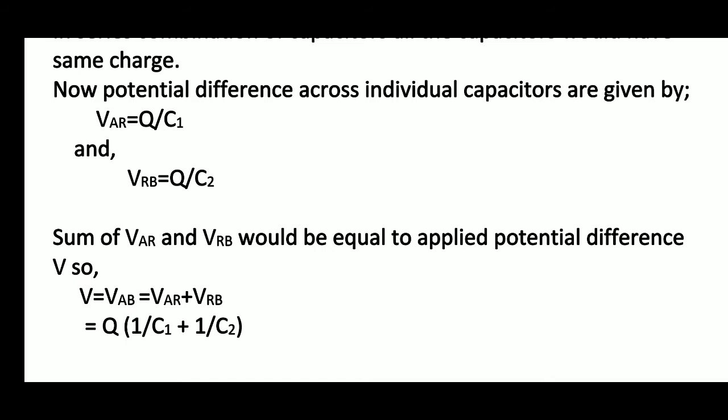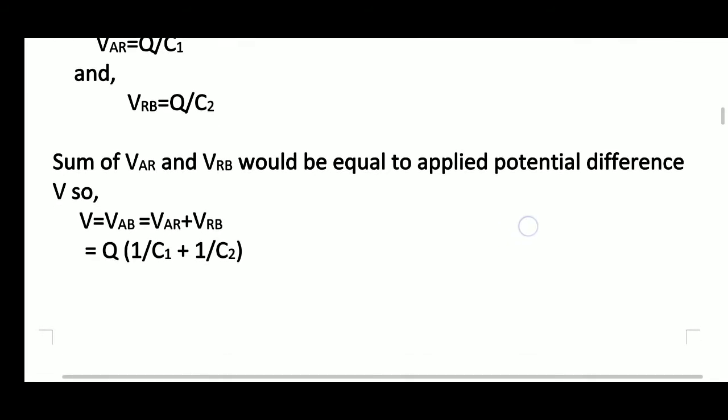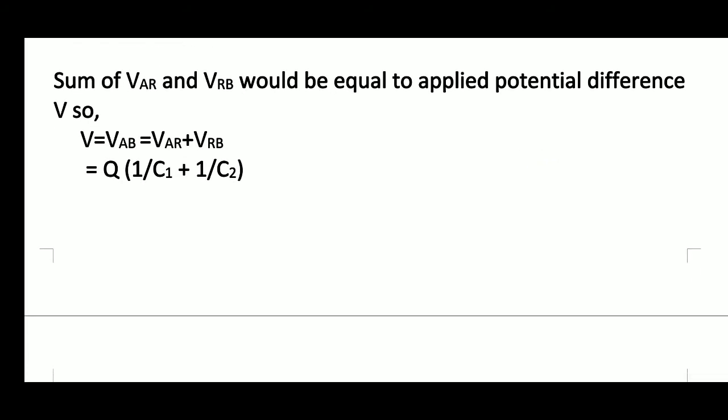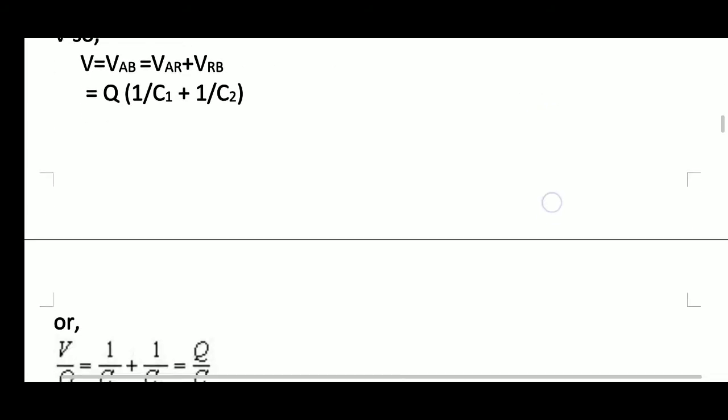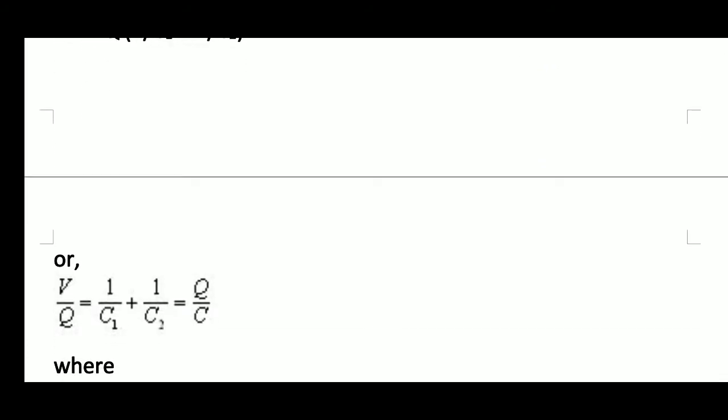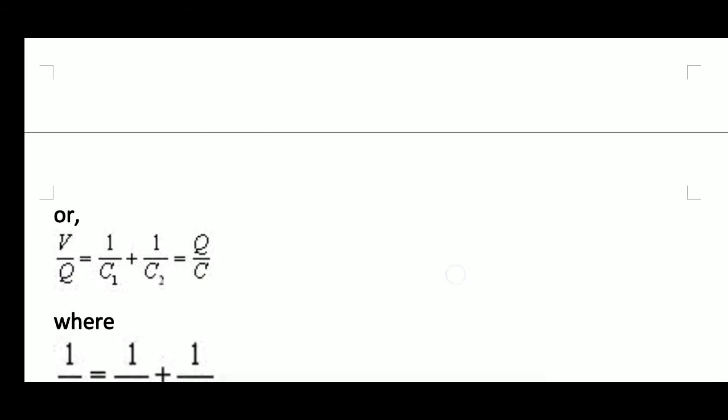Now you can put the value. This will be equal to Q times 1 upon C1 plus 1 upon C2, or V upon Q is equal to 1 upon C1 plus 1 upon C2, that is equal to Q by C.